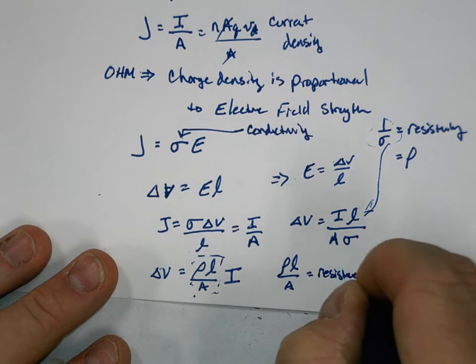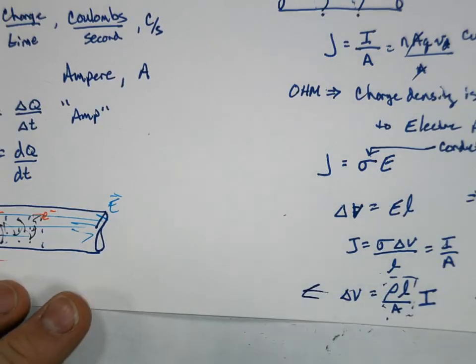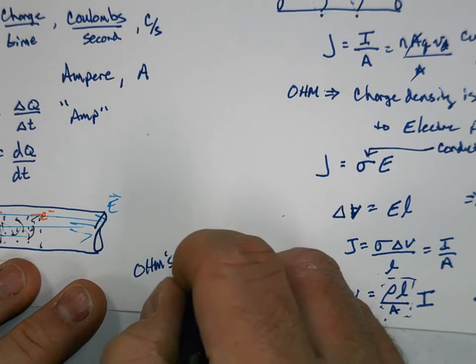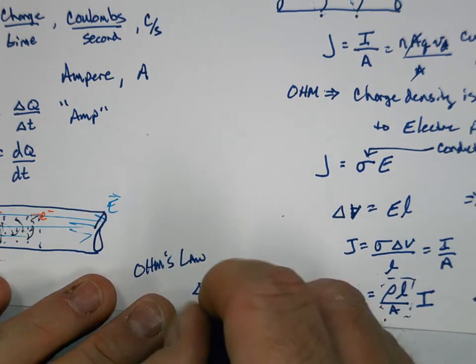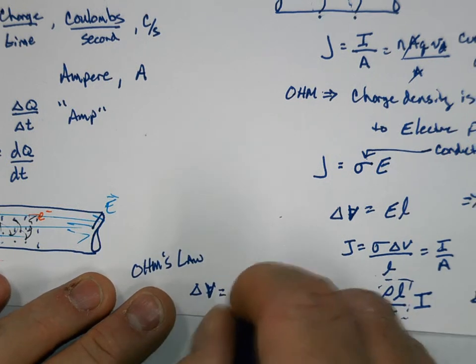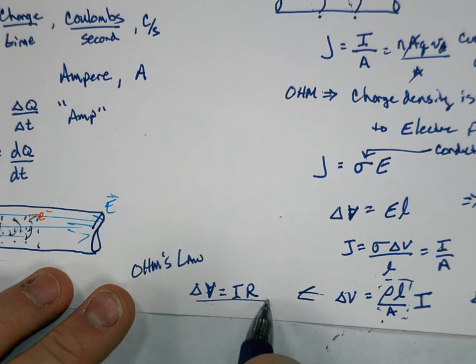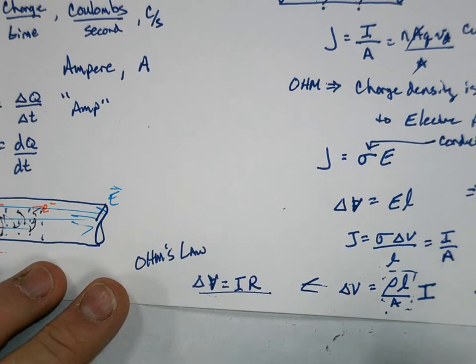It is equal to capital R. And so now all of a sudden we have Ohm's law: our voltage equals our current times our resistance. And that's Ohm's law. The unit for resistance is called an ohm.